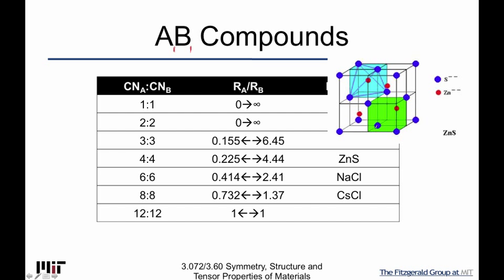So you can see here that the sulfurs are drawn in blue. They're essentially 1 FCC. And then shifted from it by 1 quarter, 1 quarter, 1 quarter is where the zinc goes. So the way to think about this is this zinc and this zinc are on a diagonal going across here, right?